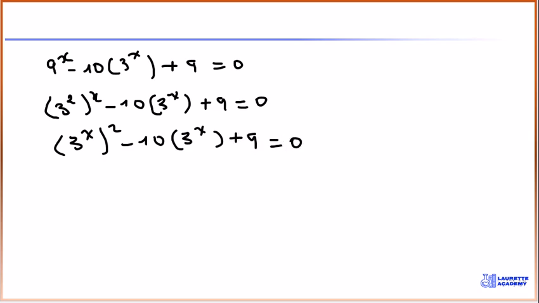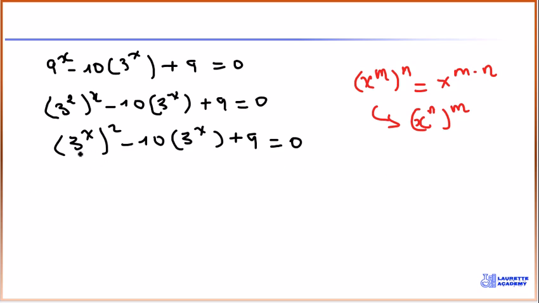In case you are wondering, we're using this property: x raised to the power m, raised to the power n, is the same as x raised to the power m times n. And if we interchange m and n here, x raised to the power n times m, it remains the same. It doesn't change anything.